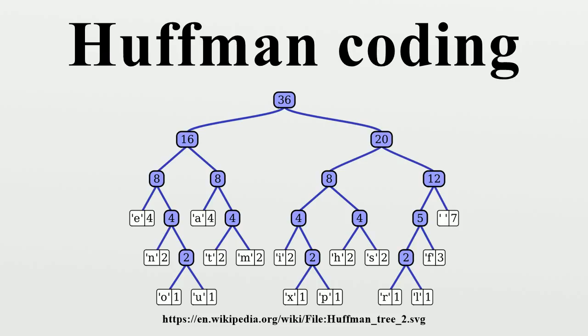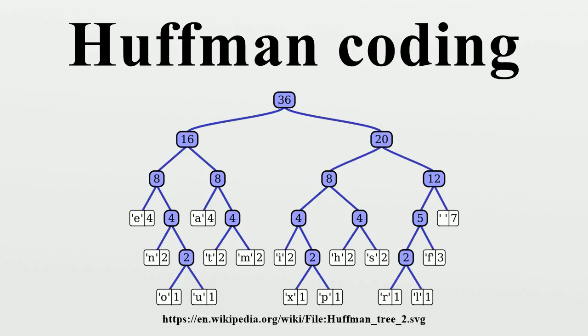History. In 1951, David A. Huffman and his MIT information theory classmates were given the choice of a term paper or a final exam. The professor, Robert M. Fano, assigned a term paper on the problem of finding the most efficient binary code.